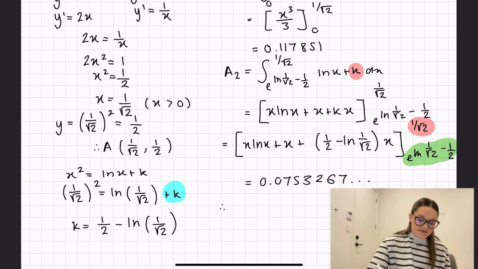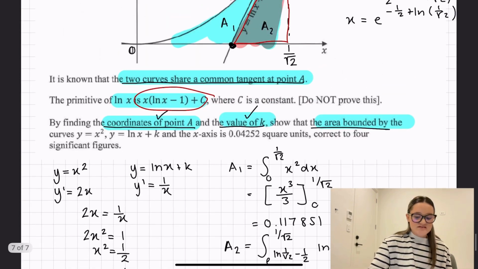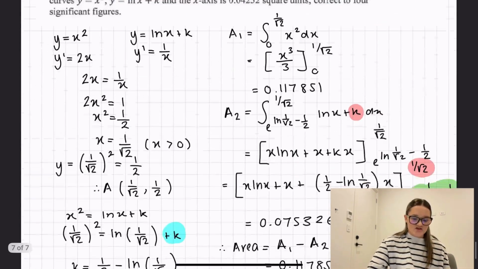So finally, to find the total area, like we said before, it's going to be the area of the first one minus the area of the second one. So we get 0.117851 minus 0.0753267, which is giving us 0.0425 1.52 units squared, which is exactly what we wanted to prove at the start of this question.